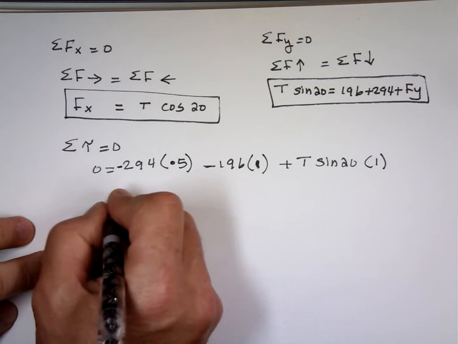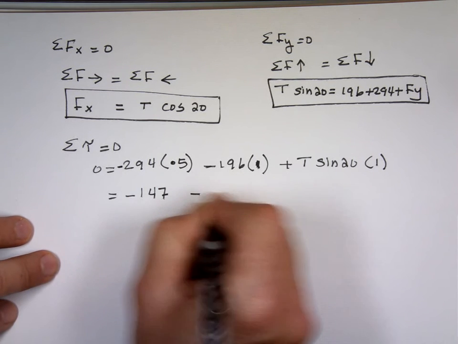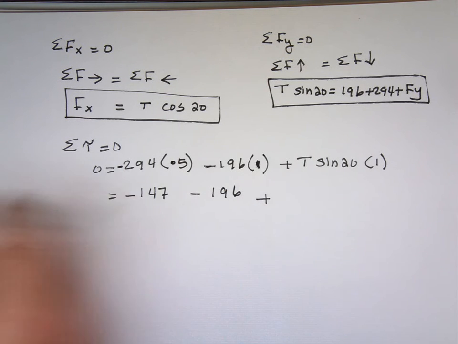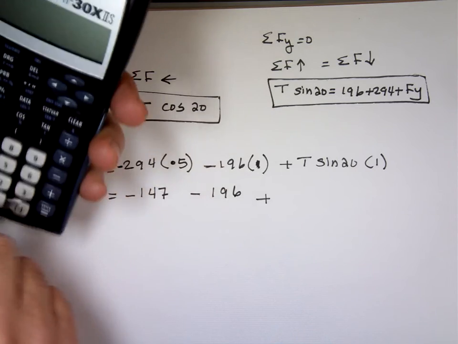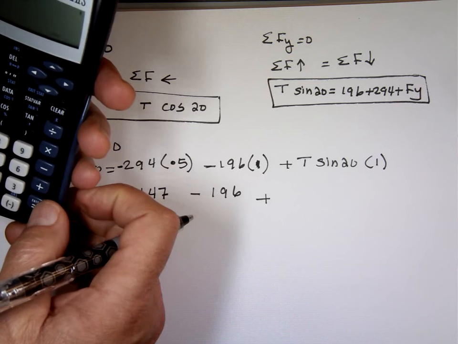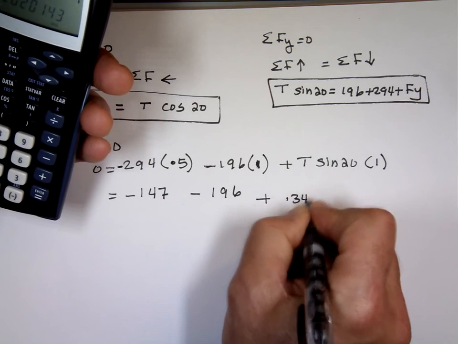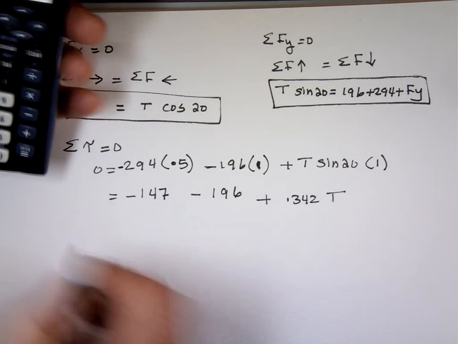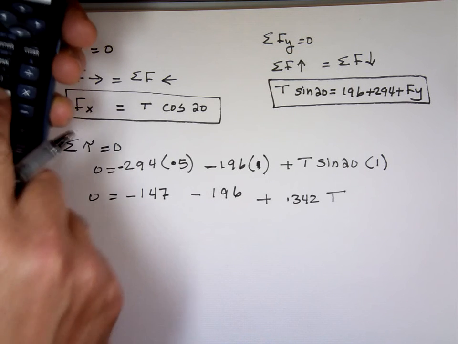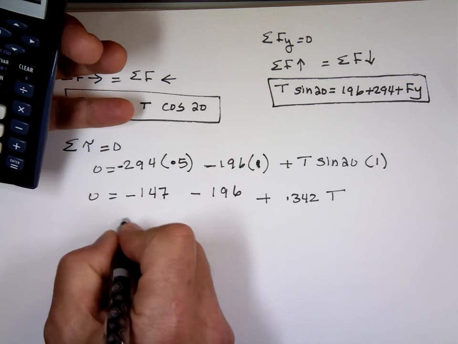Negative 147 minus 196 plus, what's sine 20? Sine of 20, 0.342 times T. So we take these two numbers, 196 plus 147, move them to the left side, they become positive.